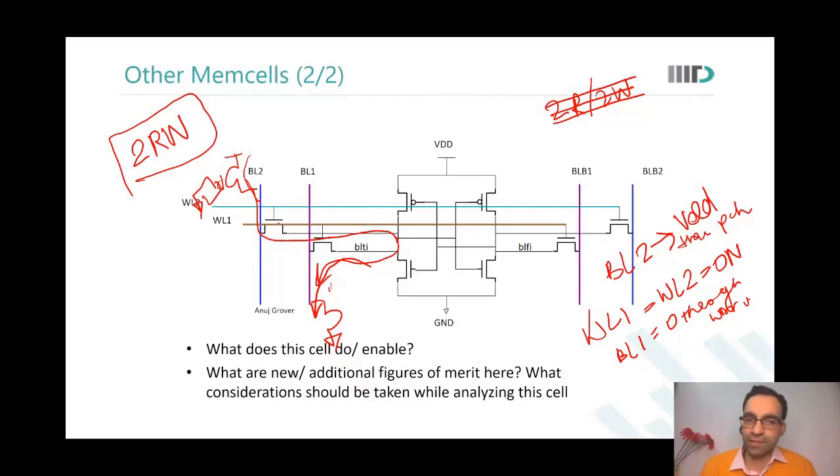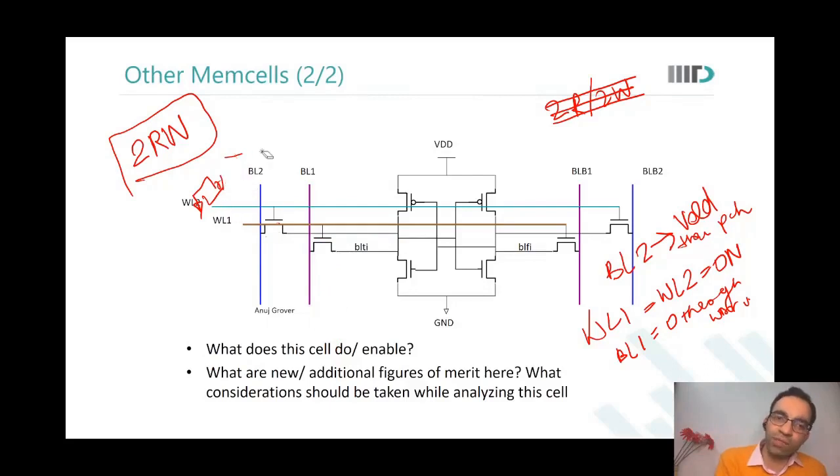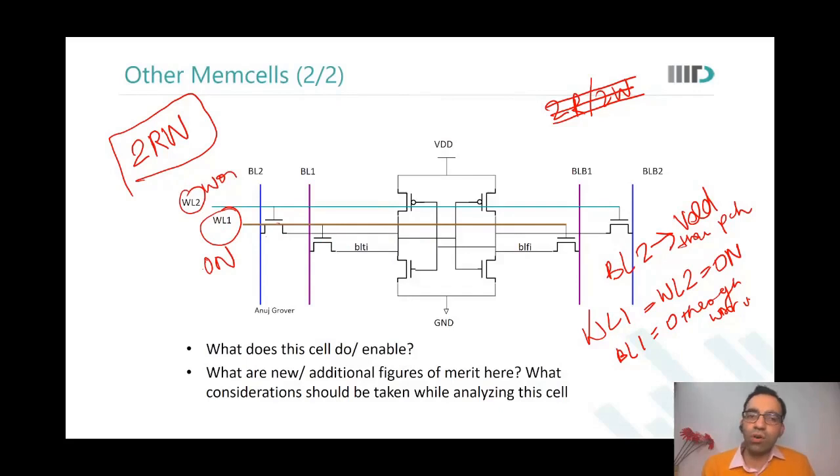There could be another worst case, which you will realize when you do that homework that I had given you last week. Let us say this word line 1 went on, okay, and then word line 2 went on, and BL or BL1 discharged subsequently.